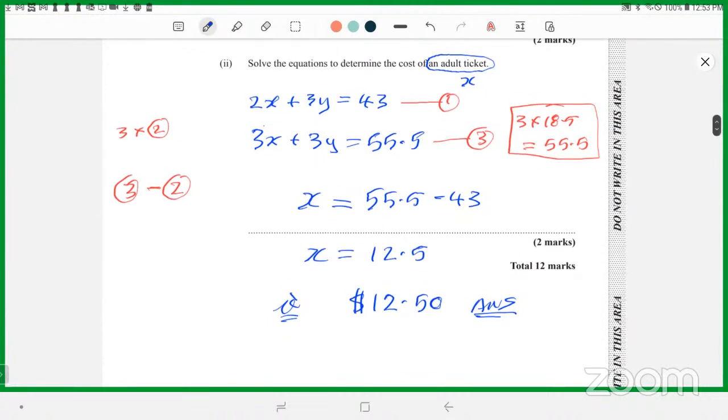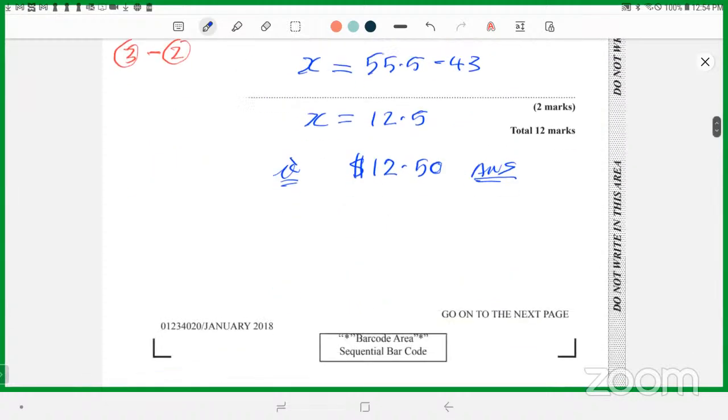But this question is not asking us for the y value, so I don't need to calculate the y value. So you proceed in a way that will give you the x value. You eliminate the y. So you set it up in a way to eliminate the y because the question is not asking for y.